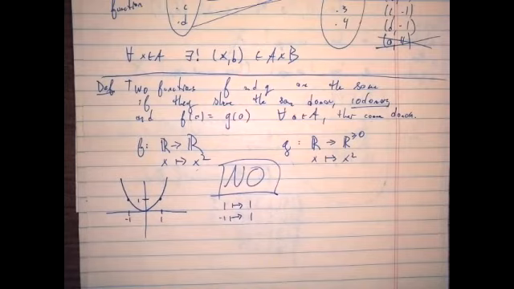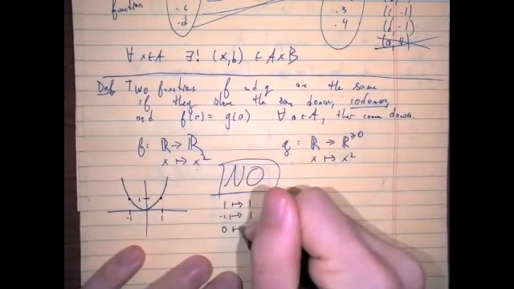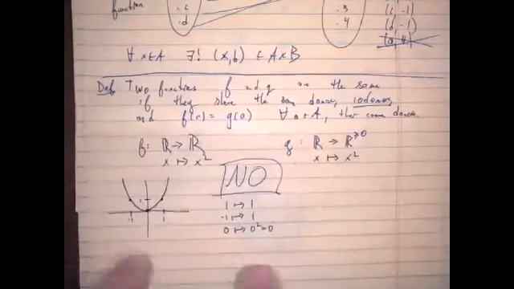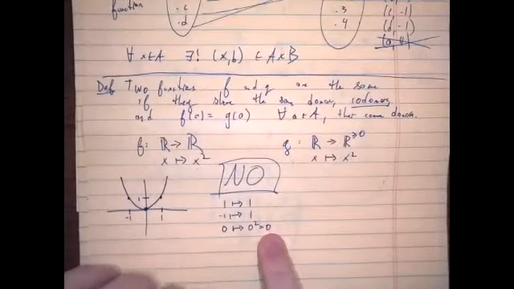Yeah, what's the preimage of 0? When I take 0 and I square it, it's equal to 0. So in other words, 0 is hit. So 0 is inside the range.